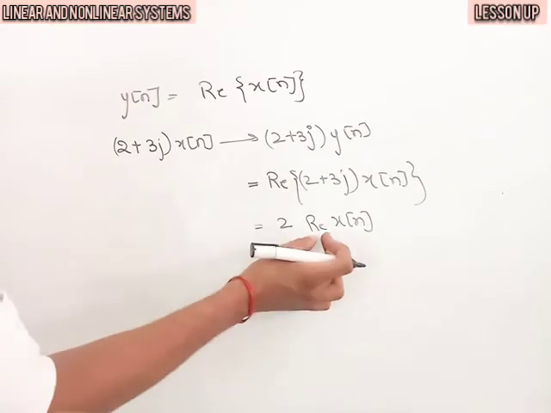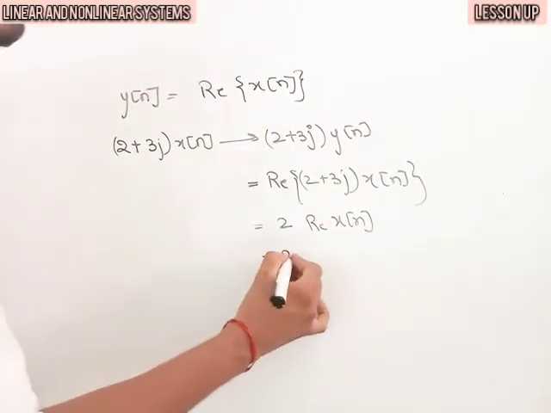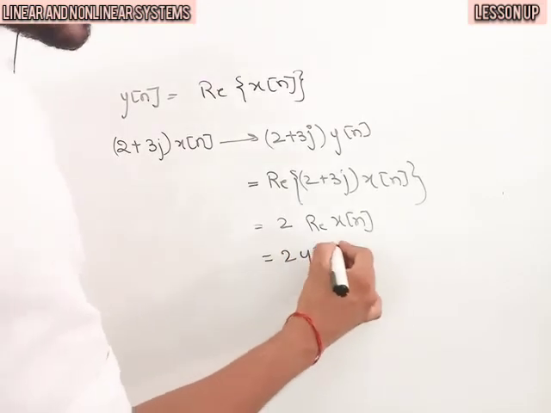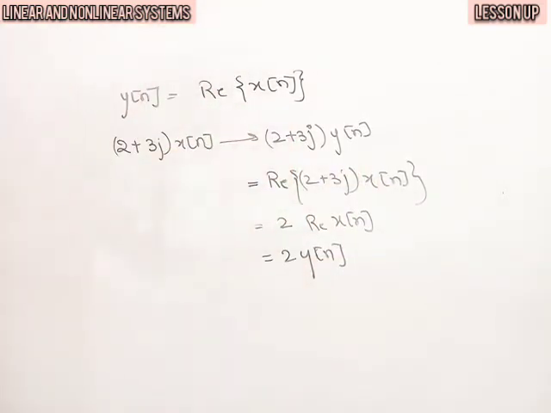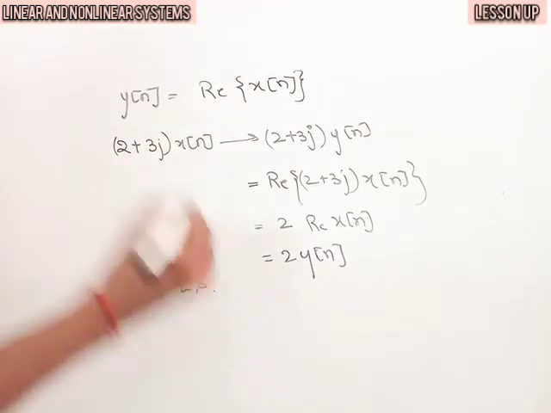The real term of x of n is y of n, so this should be equal to 2 y of n. These two equations are not equal, so we can tell this system is a non-linear system.